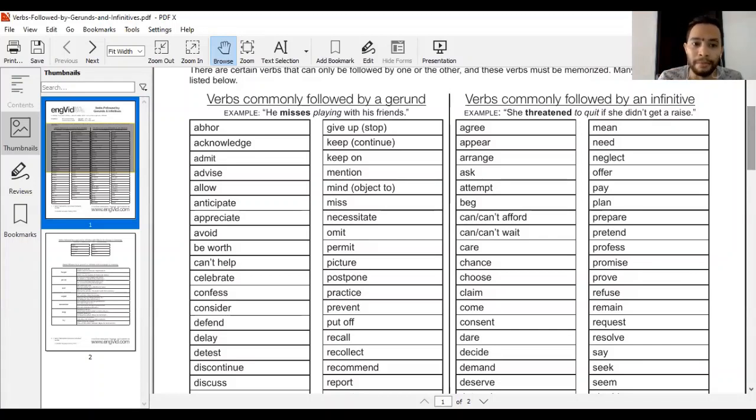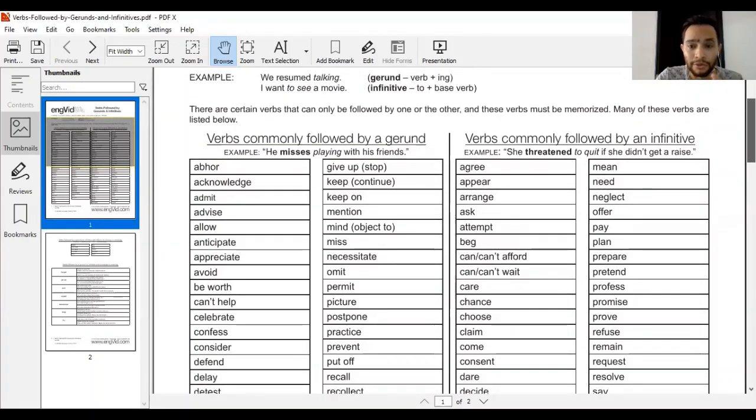So I'm going to say most of the common verbs followed by gerund. What I mean is that you cannot use the form with to. They are going to be all the time followed by ing. All right? So please don't forget this.